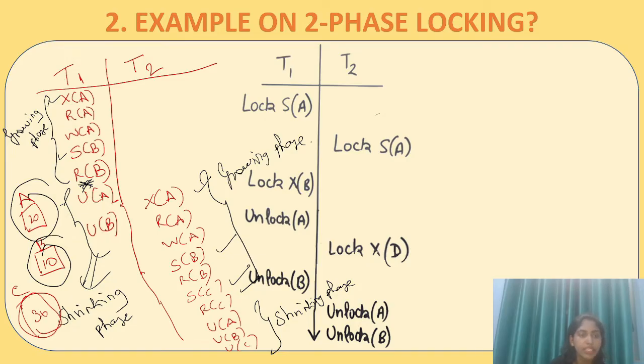So the first lock unlocked is the exclusive lock on A. So between the last lock acquired and the first lock unlocked, you have to put the lock point. So growing phase last point and shrinking phase first point. Between that you have to put the lock point. That is called as lock point.